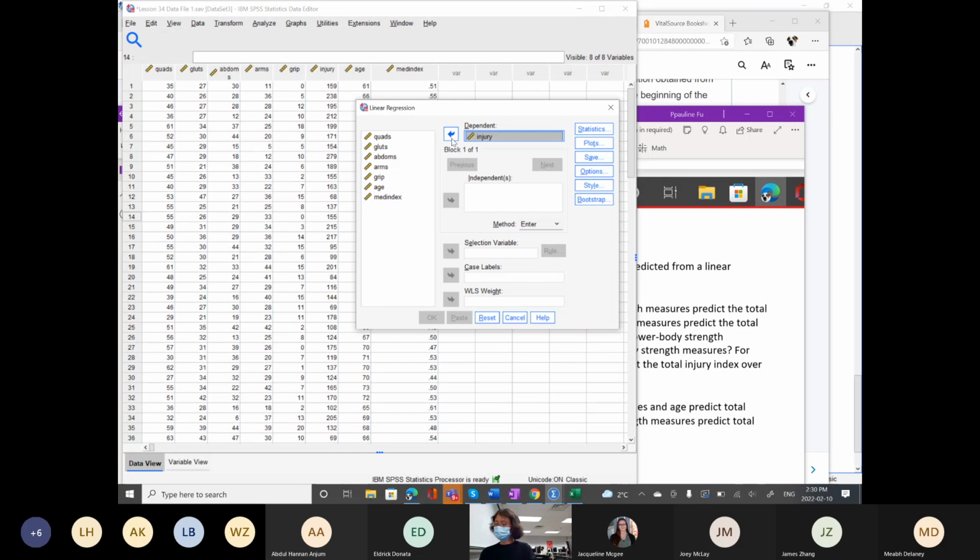Independent variables, we have 5, including grip. Those 5 variables, different body parts, okay, are our independent variables.